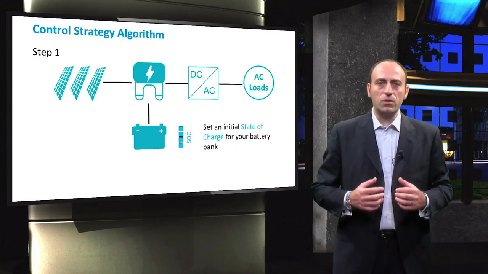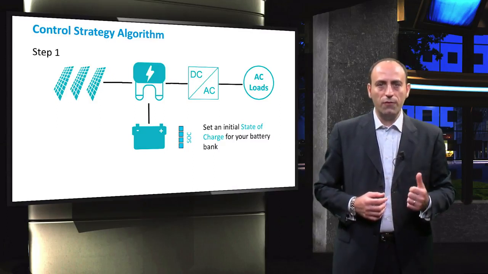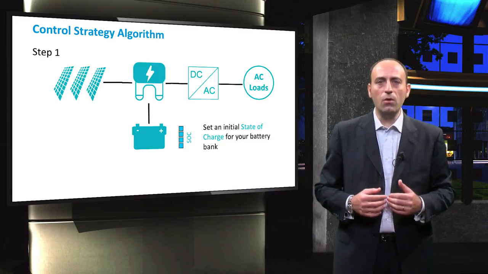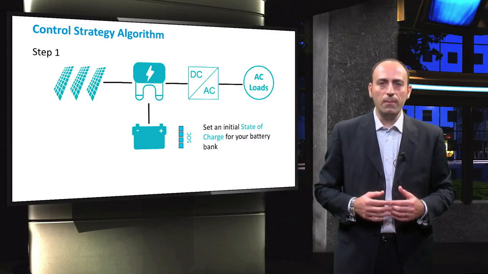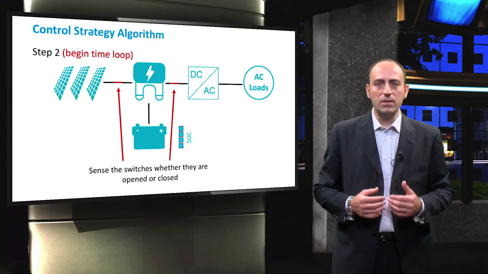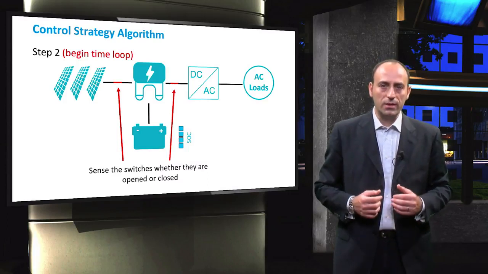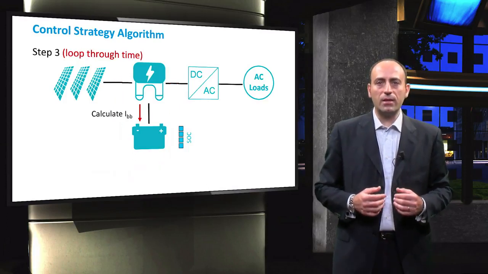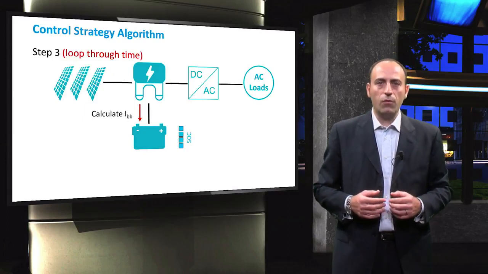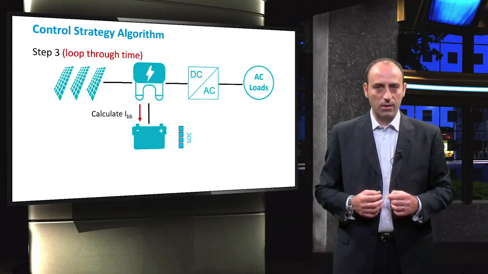Now, let us look at the various steps followed by the algorithm. The first step is to set a starting state of charge value of the battery bank. Then, in the second step, begin the time loop and sense whether the switches are opened or closed. In the third step, calculate the battery bank current IBB for that instance in time. Follow the procedure discussed earlier to determine the battery bank current.